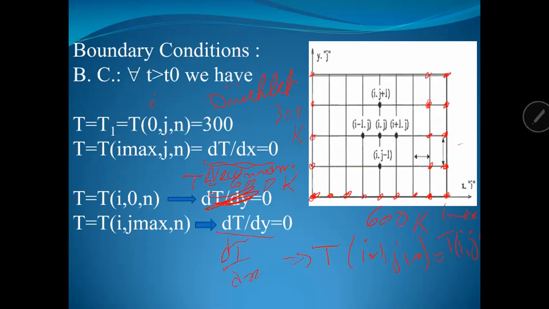But up, we have dt over dy equals 0 for here, adiabatic values. Why? Because T(i, j+1, n) is equal to T(i, j, n). j plus 1 equals j because adiabatic. Okay, then from this known value I can determine the remaining points.